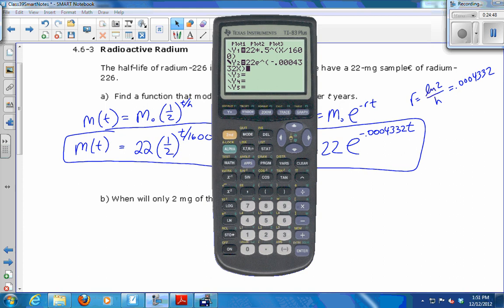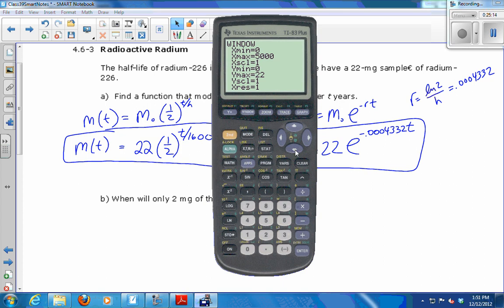For choosing a window, we just think about the problem. X is representing time, and this is radioactive radium that has a half-life of 1,600 years. That's a pretty long time. So you could choose a window like 0 to 5,000. That would give several halvings, right? Several half-lives will have passed.